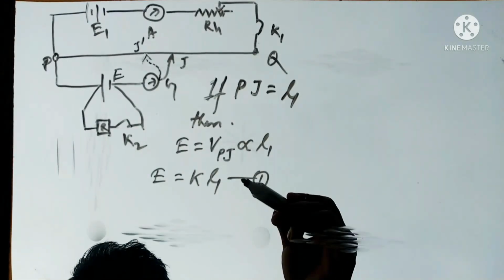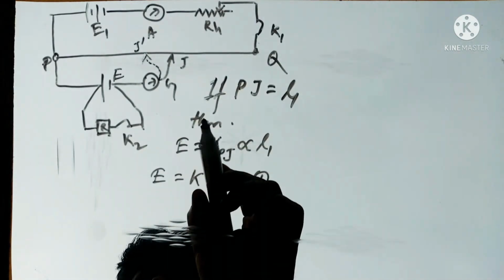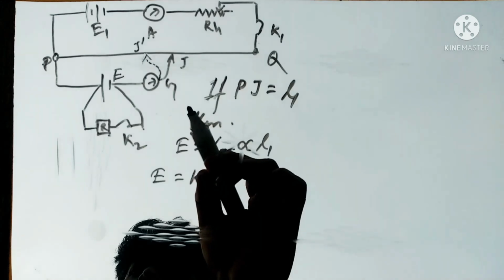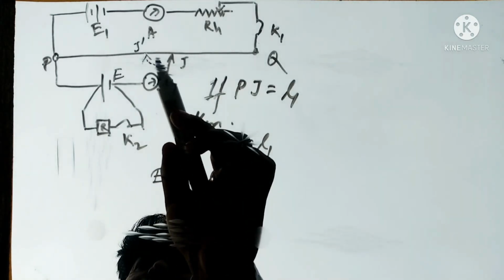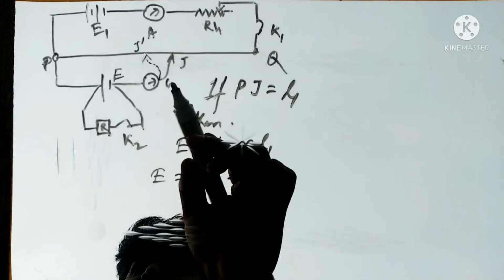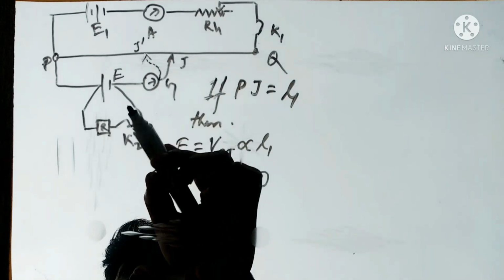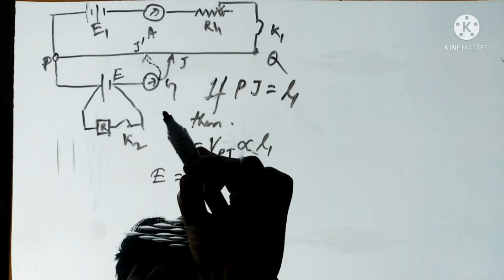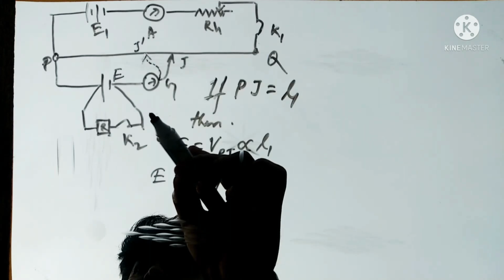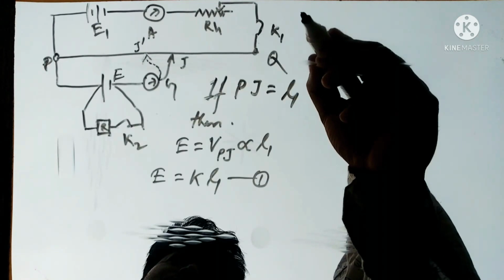Here we have connected the resistance with the cell. So here terminal potential difference of the cell will be equal to the potential difference across PJ dash. Listen carefully. So the terminal potential difference, why? Because here the resistance is connected with the cell.